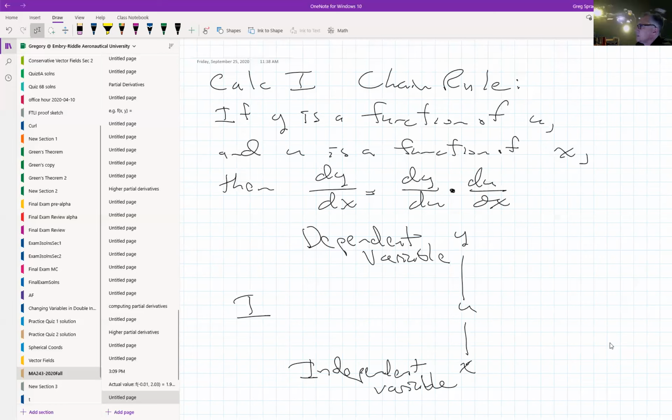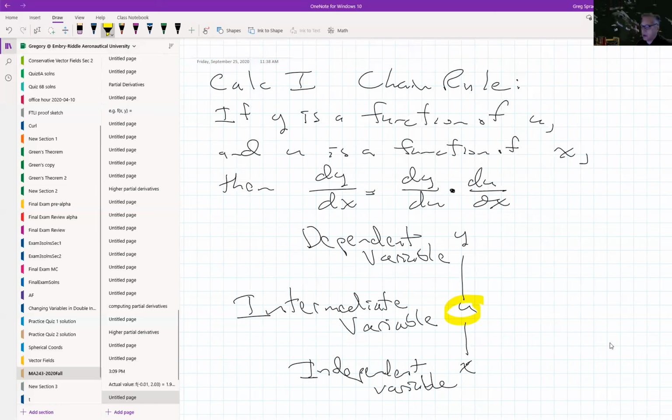And u is the intermediate variable. I'm not going to test you on this, but it's worth thinking about. Now, y depends on u. x doesn't depend on anything. u is in between because on one hand, u depends on x, but on the other hand, y depends on u.